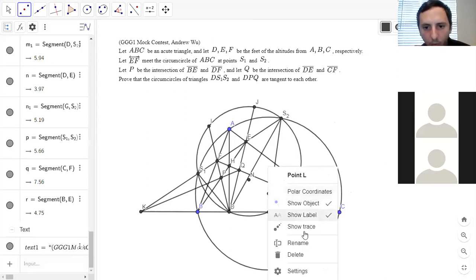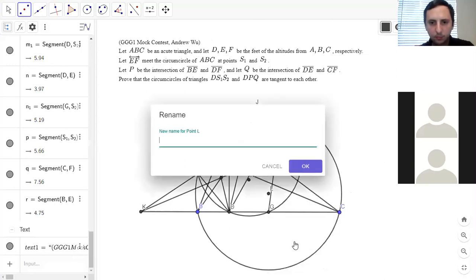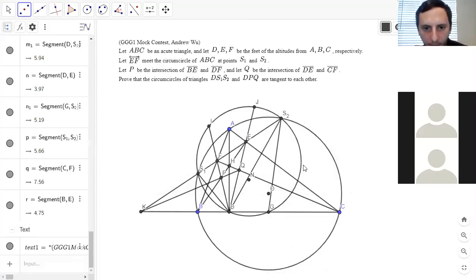So this is O. So we have AN is perpendicular to PQ, because P and Q have the same power with respect to the 9-point circle.